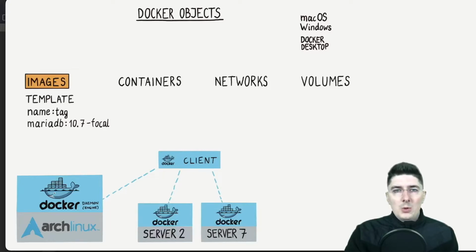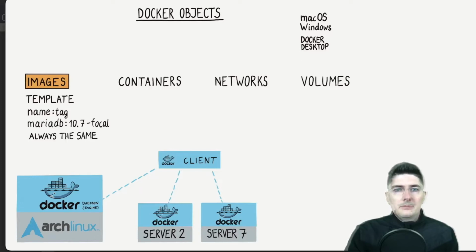Looking at this focal part, you might realize that you can have different starting points for your images. Remember that part. By using images, you can be sure that what you are deploying is always in the same predictable state. Every time you run a container using this image, you can be sure that it will produce the same result.